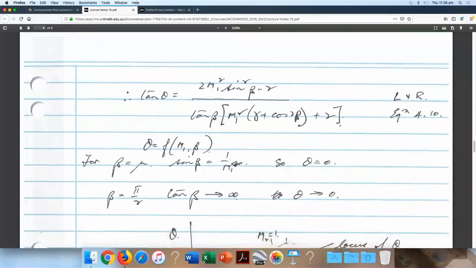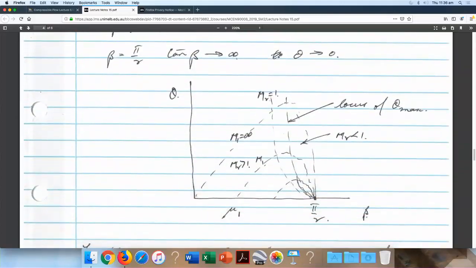And this gives this wonderful figure of the turning angle as a function of beta. Here's beta equal to pi on 2, and beta can be between mu1 and pi on 2, where mu is the angle whose sine is 1 upon the Mach number. So only when M1 goes to infinity does mu go to 0, and you have this whole range here. Otherwise, you're from here to here.